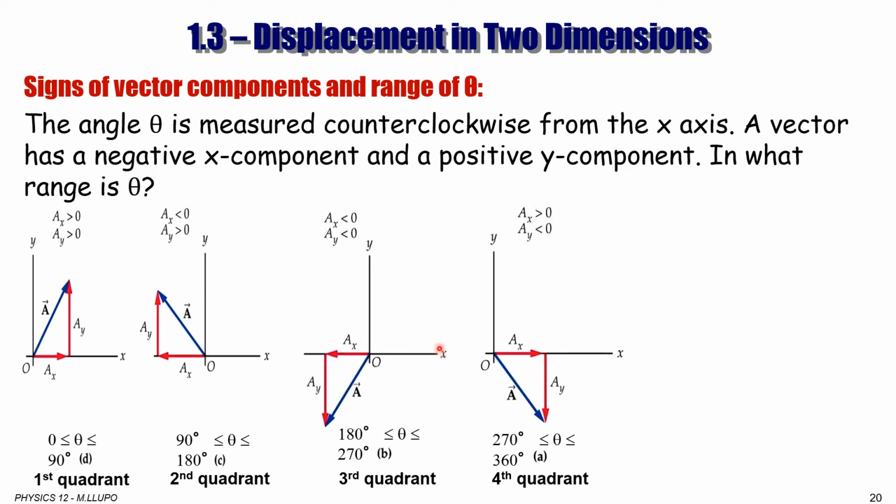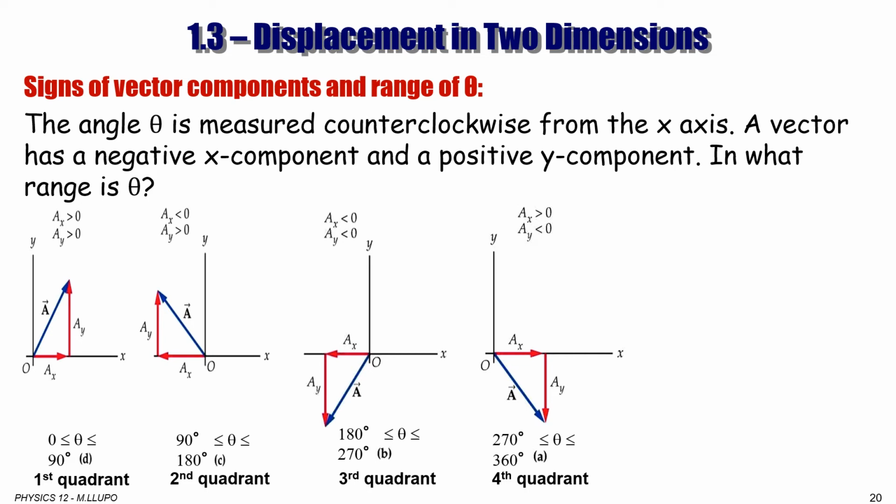So we should know now that the first quadrant is 0 to 90, the second quadrant is 90 to 180, the third quadrant 180 to 270, and the fourth quadrant 270 to 360 or to 0.